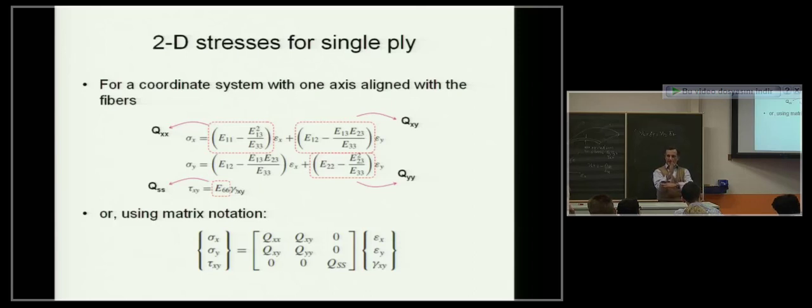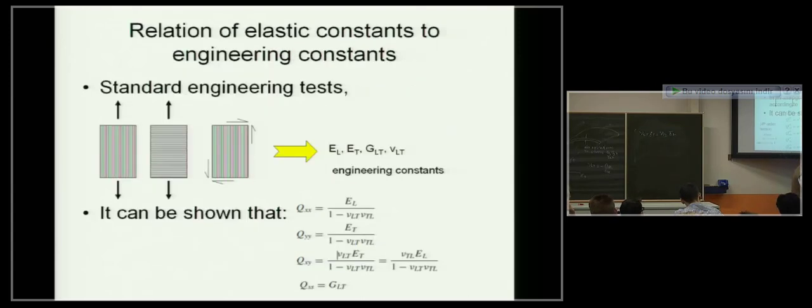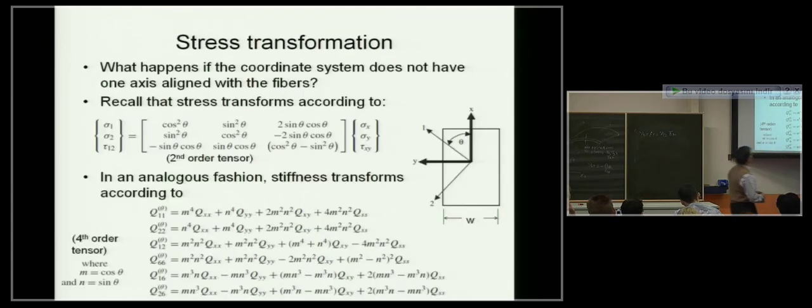That's because one axis is parallel to the fibers and the other perpendicular. If I have a random axis system, then those terms are no longer zero, and in fact are given by the Q16 and Q26 terms shown here. And M and N are the cosine and sine of the angle. This is a fourth order tensor, the stiffnesses, that's why everything has fourth powers in the trigonometric values of the angle theta.